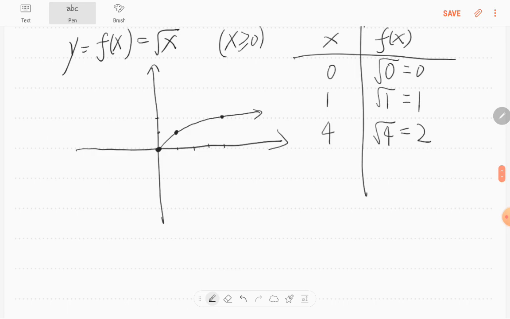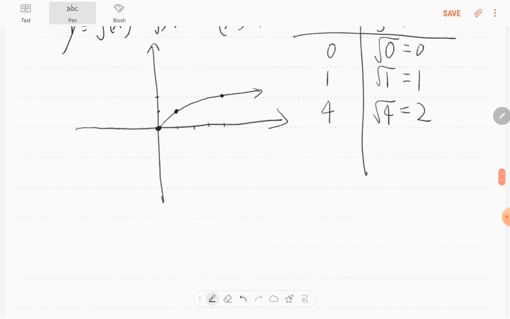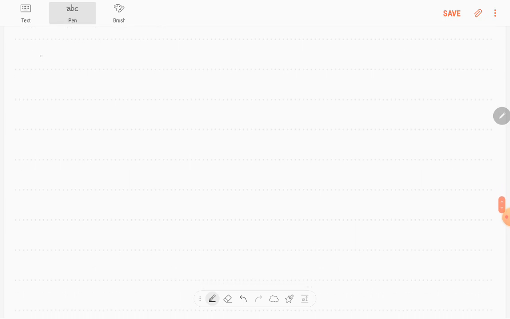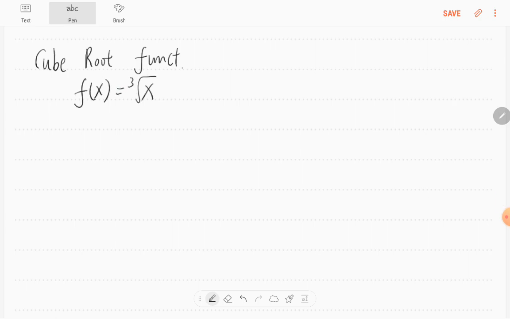Now let's look at the cube root function, which is f of x equals the cube root of x. Okay, so let's look at some special points.